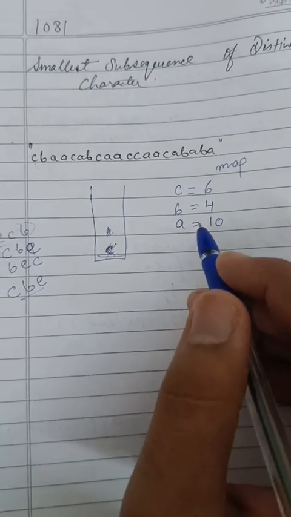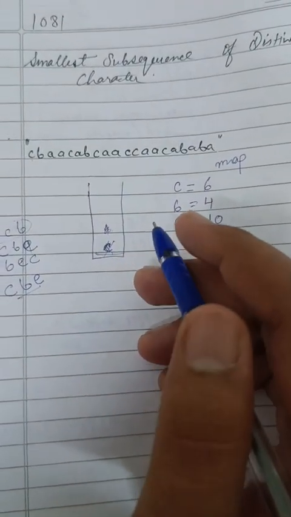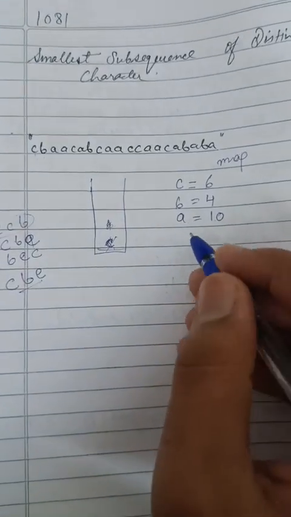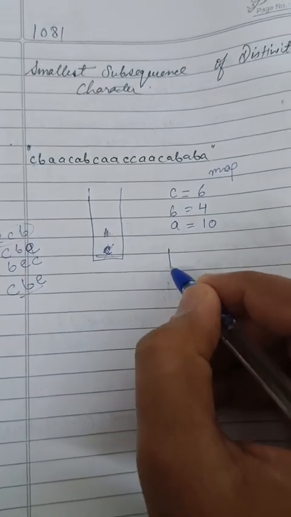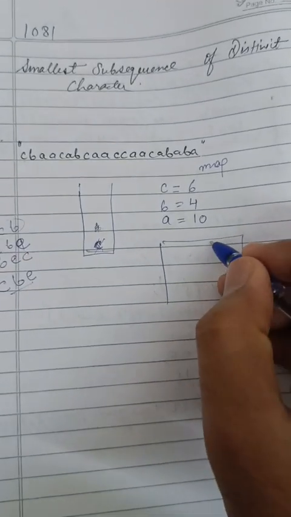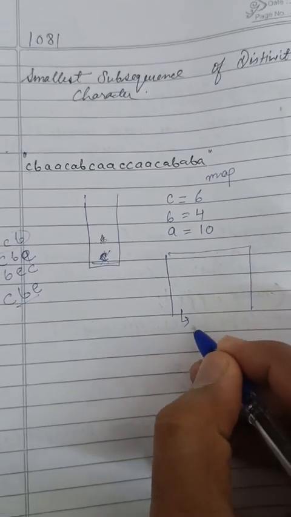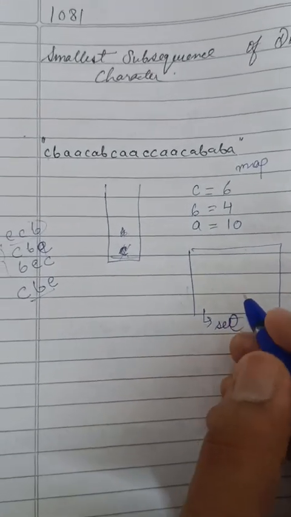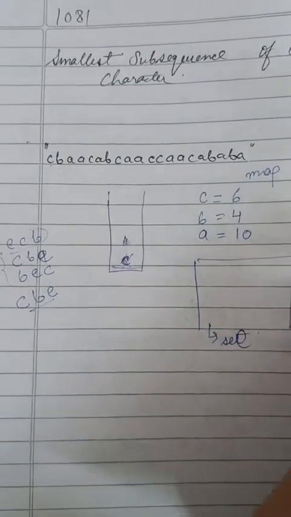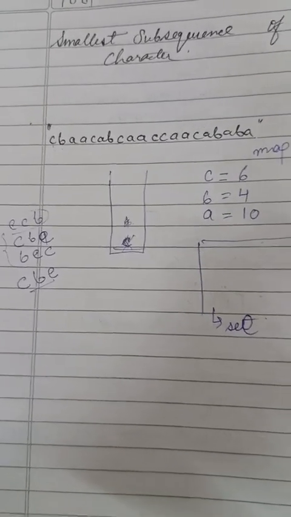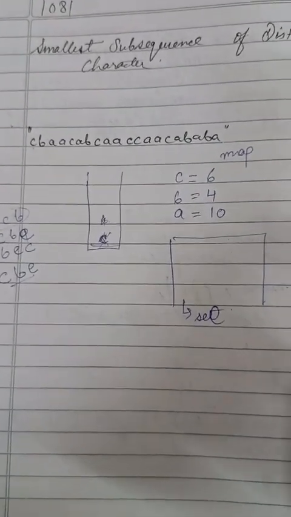I have to check in between whether the element is already inserted or not. Okay, that also I have to check. So I will use a set, an unordered set of characters. Then what else do I need? Let's let the process go, I will remember.